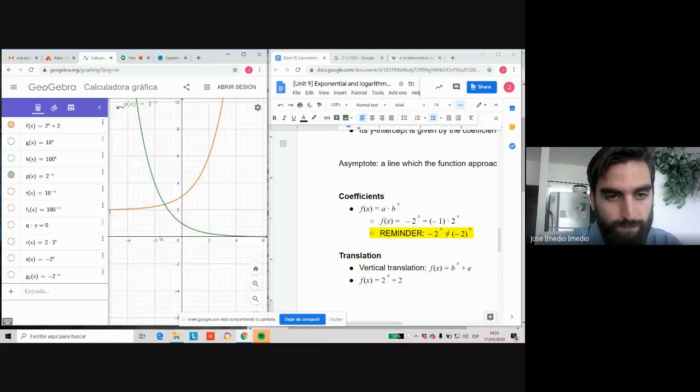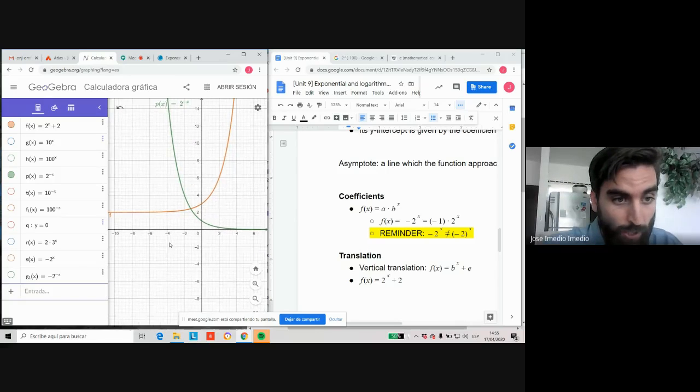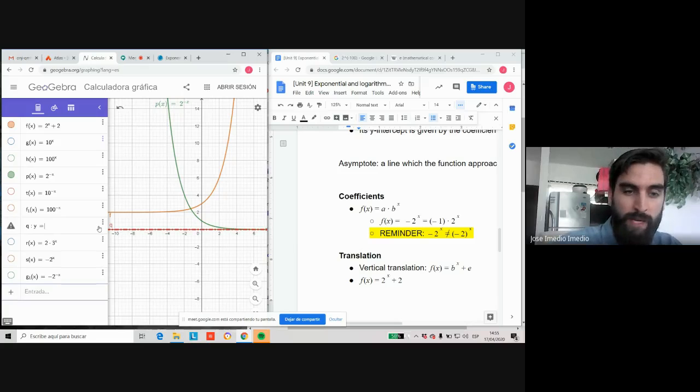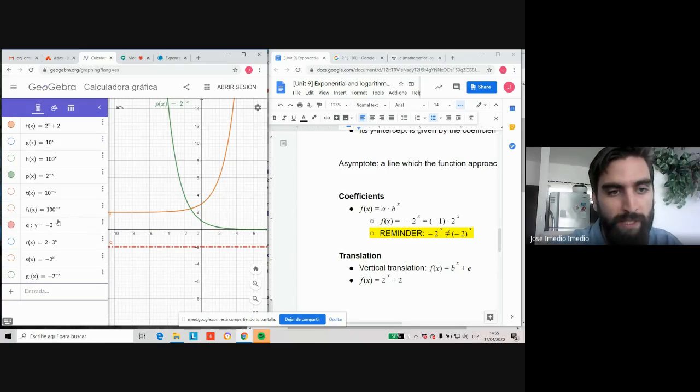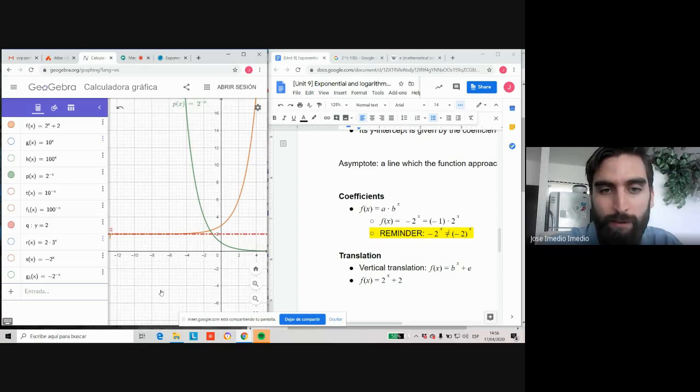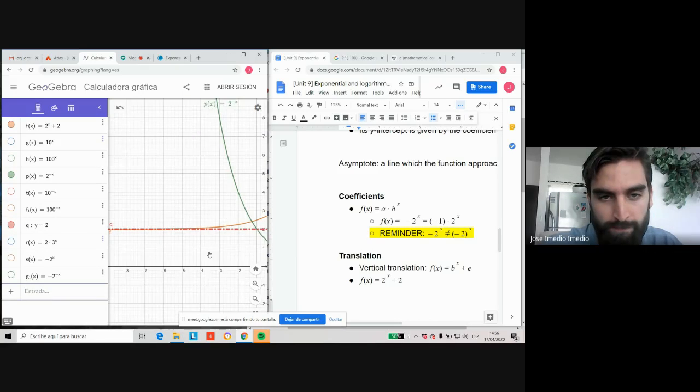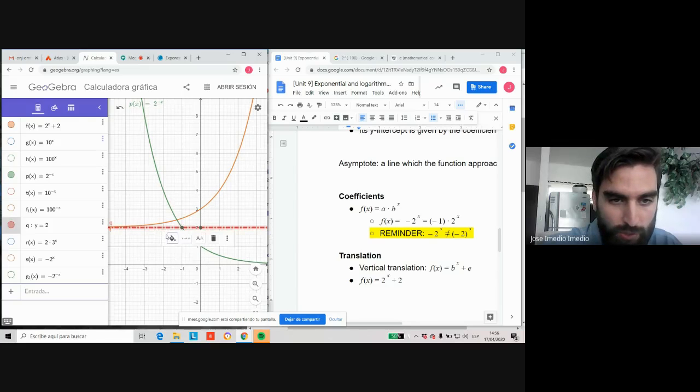What is this doing to my function? What's happening here is that my asymptote is being moved. So now I'm going to make the value visible.